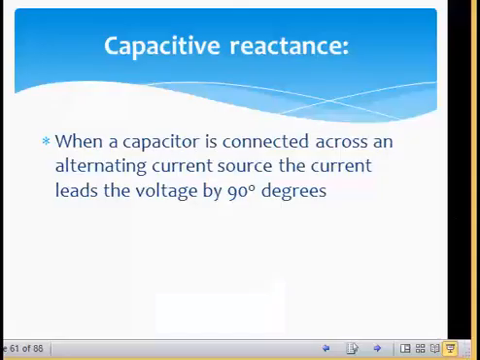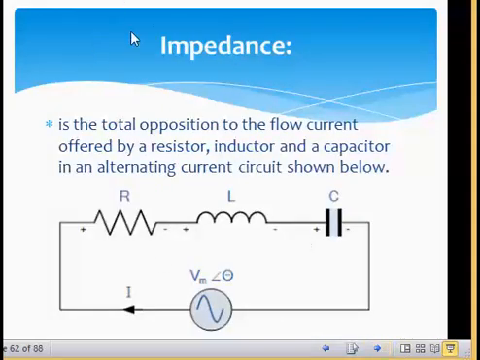Now we go to the combined reactance, which is called impedance. What is impedance? Impedance is the total opposition to the flow of current offered by the resistor, inductor, and capacitor. When you combine all these components, as you can see in this diagram, the total opposition they give is known as the impedance.